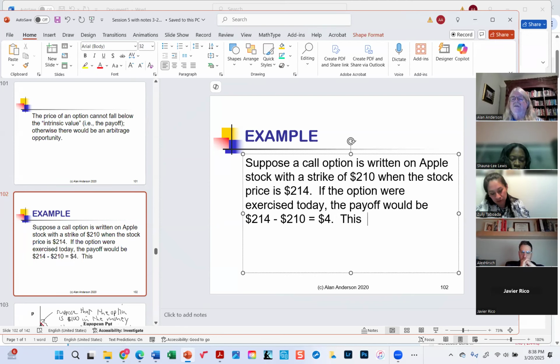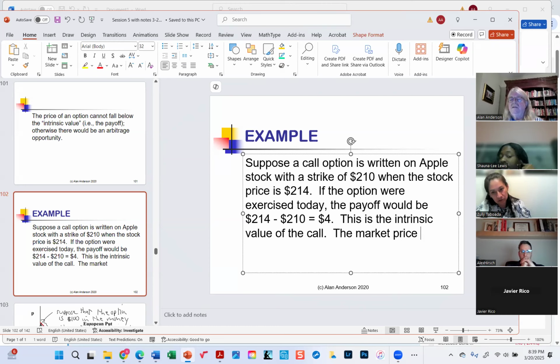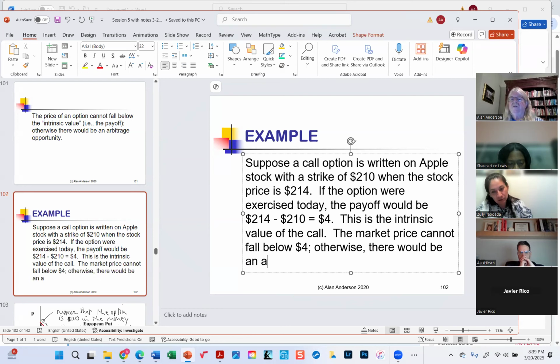This is the intrinsic value of the call. The market price cannot fall below $4. It's probably going to be higher, but otherwise there would be an arbitrage opportunity.